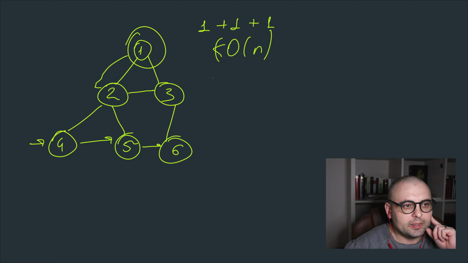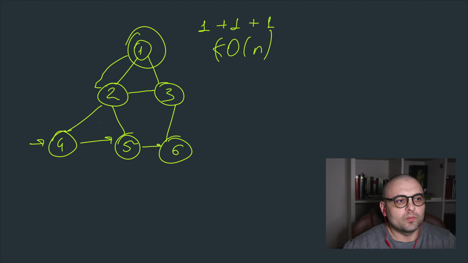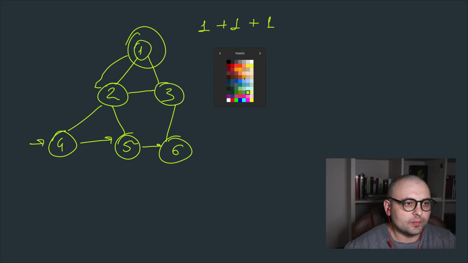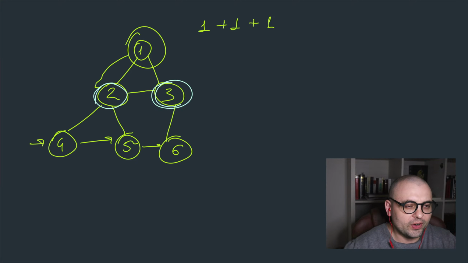So what do they mean when it's not to visit the leaves? But how do we know it's a leaf or not? So probably a way to optimize it would be to get to 2 and 3 and not necessarily visit the next part.